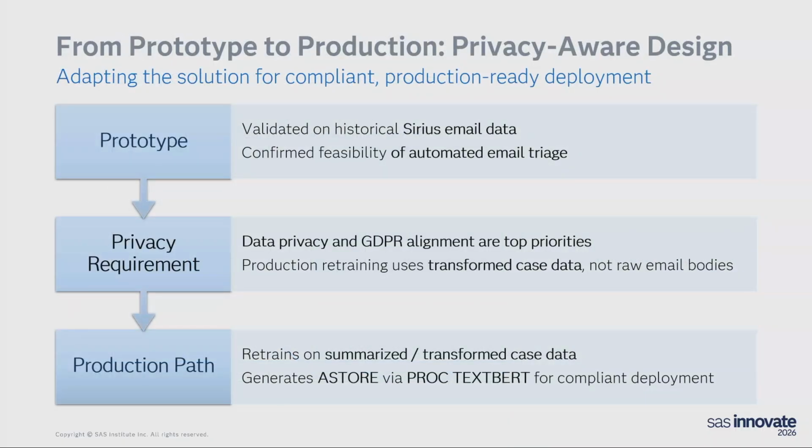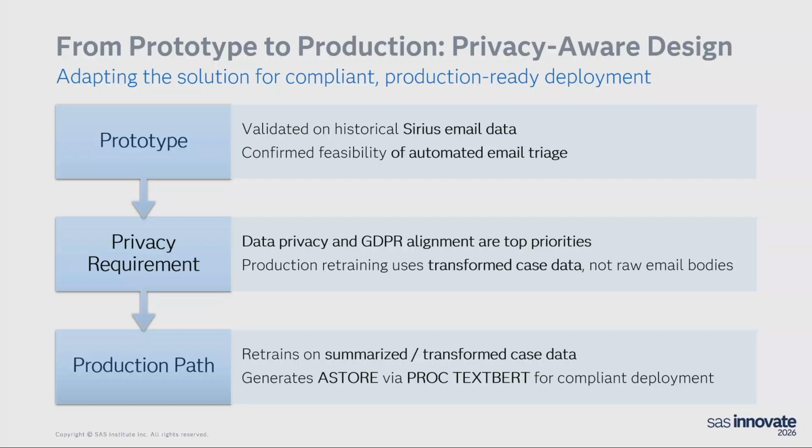All the work we just did was for prototyping, because we used the Serious email data, and that's historical. It's not the current data. And we confirmed the performance and feasibility of deploying this model. But moving forward to the production level, we need to retrain.